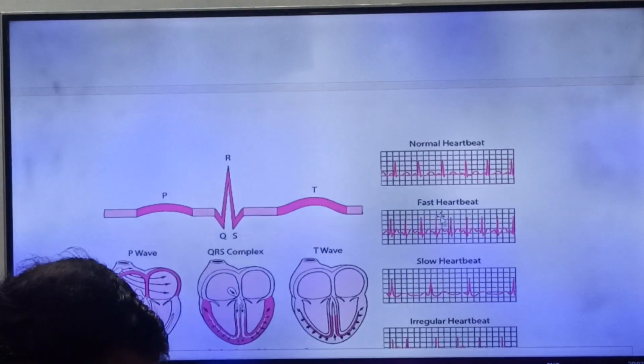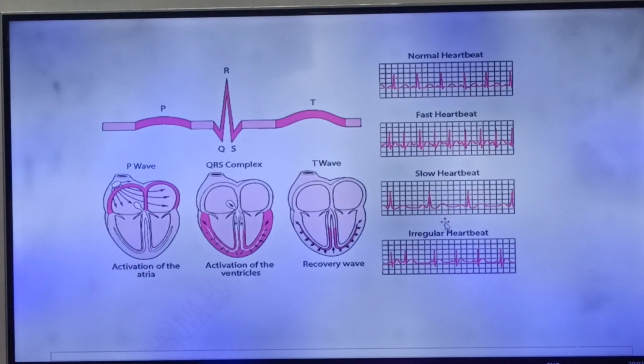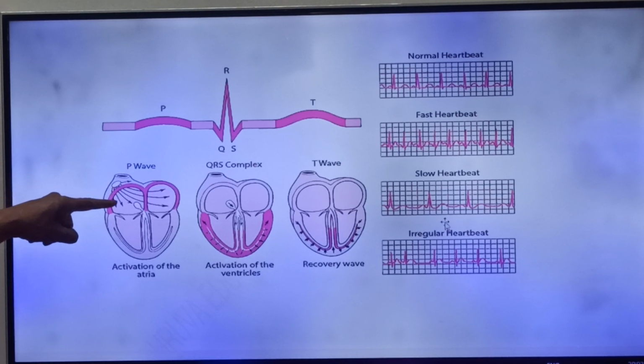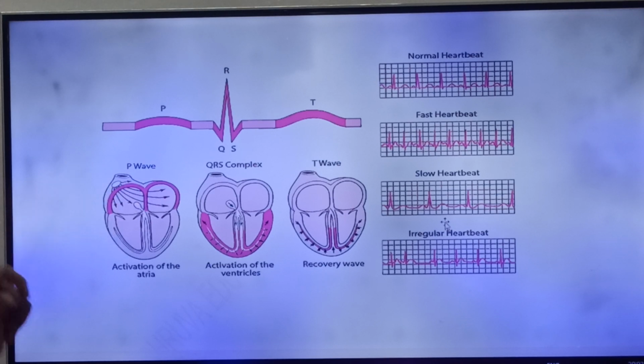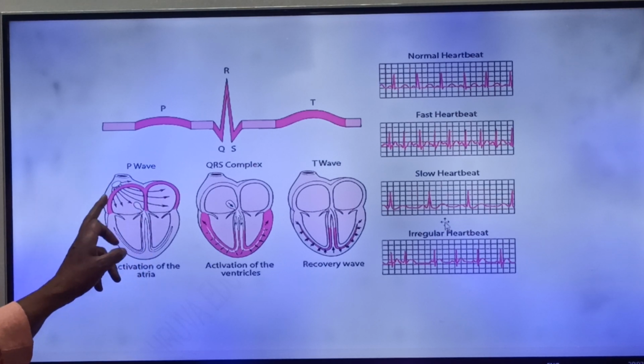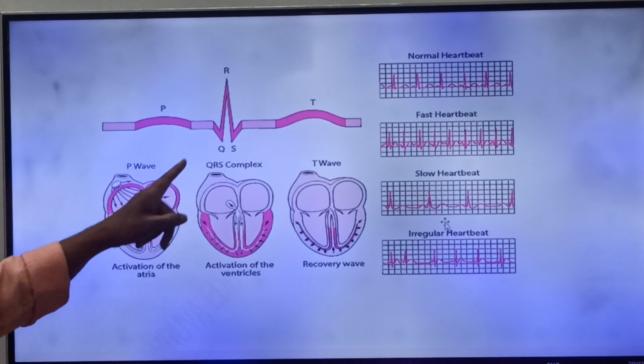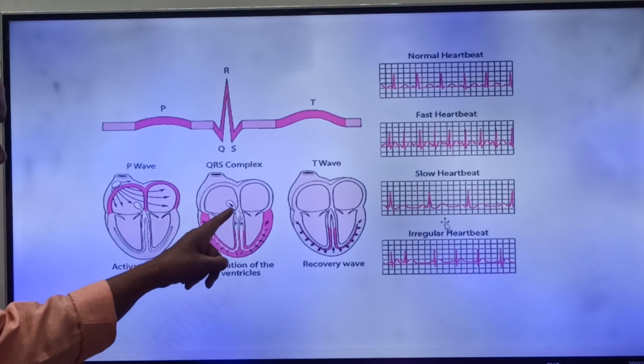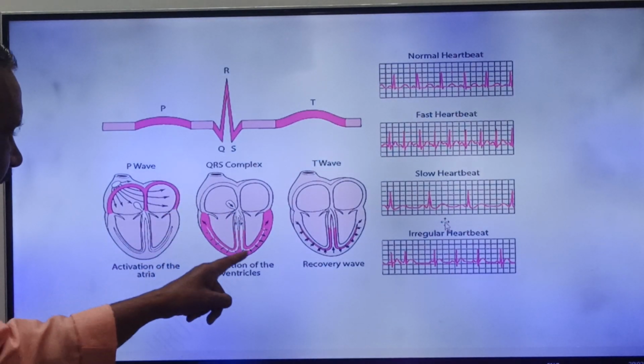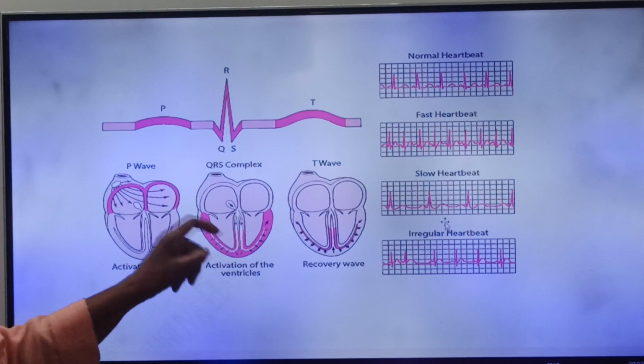Once again, in the P wave, the electrical impulse starts at the SAN, sinoatrial node, and spreads to both atria. This is called atrial systole. In the QRS complex, the action potential enters the ventricles. This is ventricular systole.